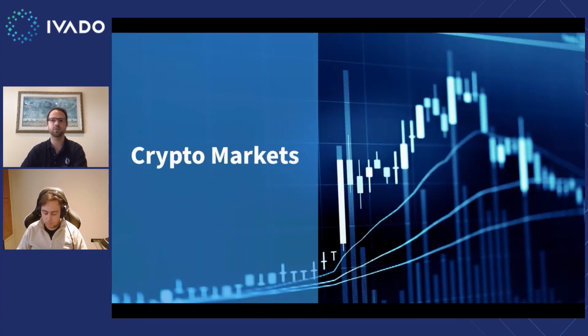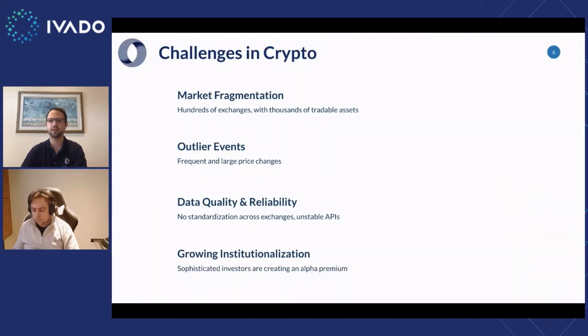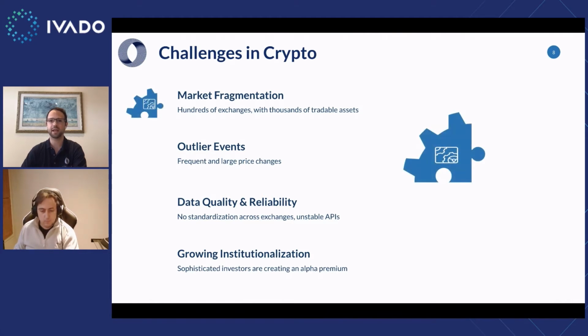Now we'll move on to a high-level overview of crypto market structure. The digital asset markets present a number of challenges for quant traders. In contrast to equities, there are hundreds of exchanges and trading venues around the globe where digital assets are traded. These markets are very fragmented, both in terms of information and liquidity. Crypto markets are notorious for high volatility and instability, resulting in frequent outlier events.